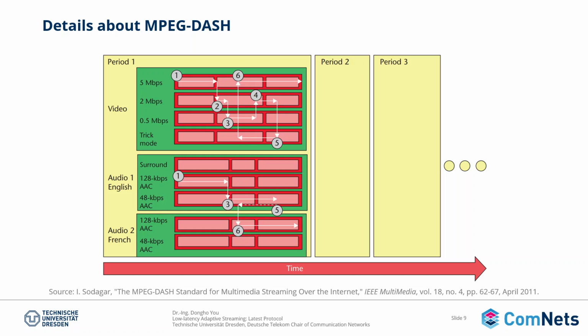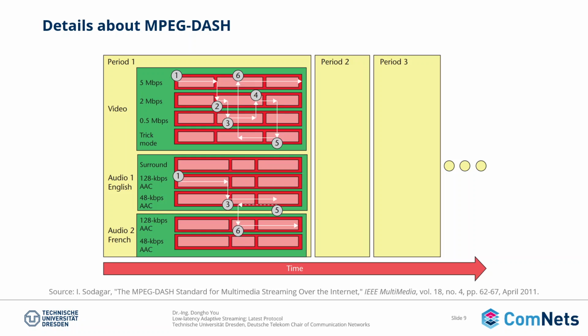Now let's dive into this. Assume a device starts streaming the content by requesting segments of the video bitstream at the highest available quality, 5 Mbps, and the English audio at 128 kbps. For instance, the device doesn't support surround audio, so it requests the English audio.